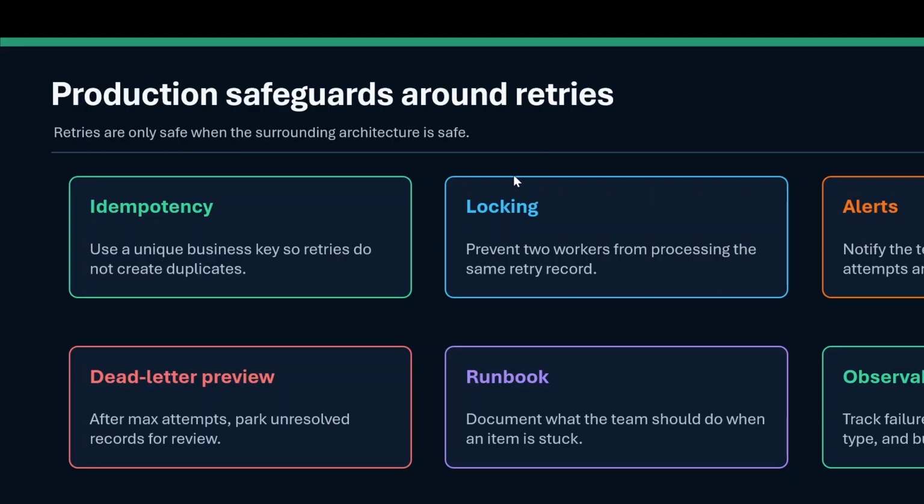Another thing that's important to have is locking, to prevent two workers from processing the same retry record again. For example, if you have two schedulers, you don't want them to retry the same failed workflow again. Because if you have 1,000 failed workflows and they try again, then you're going to have 2,000 requests, which is not something that you want.